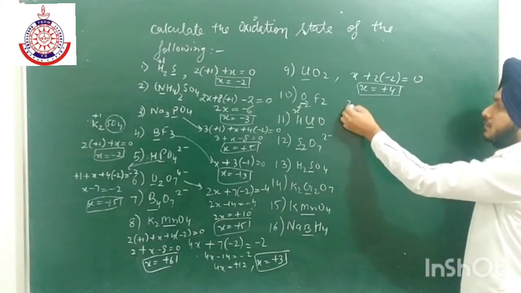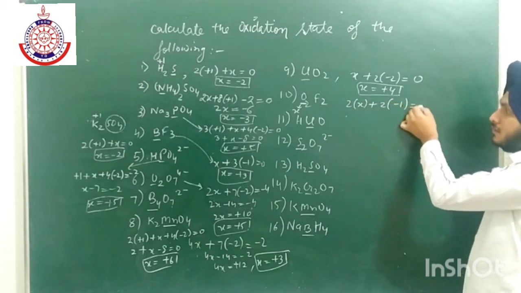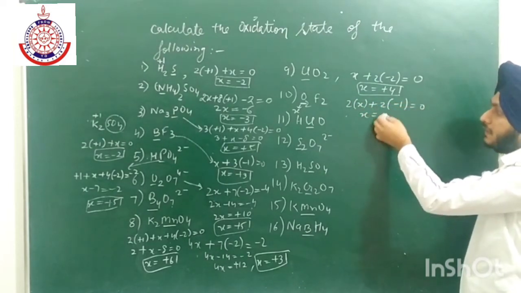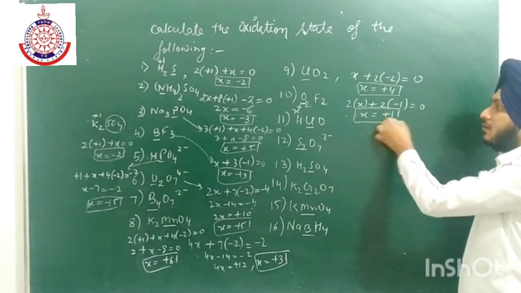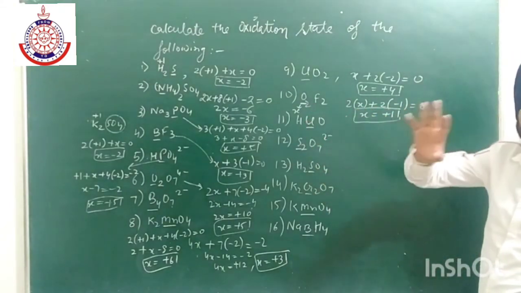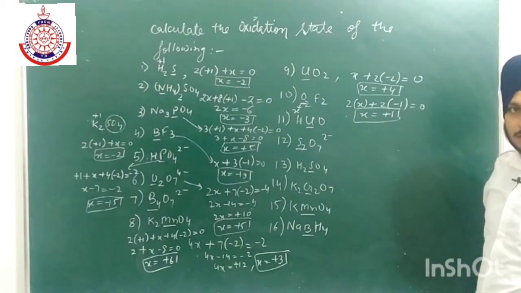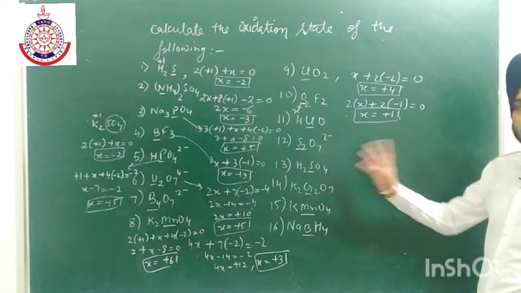So 2 into X plus 2 into minus 1 is equal to 0, and from here we will get X is equal to plus 1. So this is also an exception of the rule. Okay, the oxidation number of oxygen is not minus 2 over here. It is plus 1, which I have already told you, in case of O2F2.